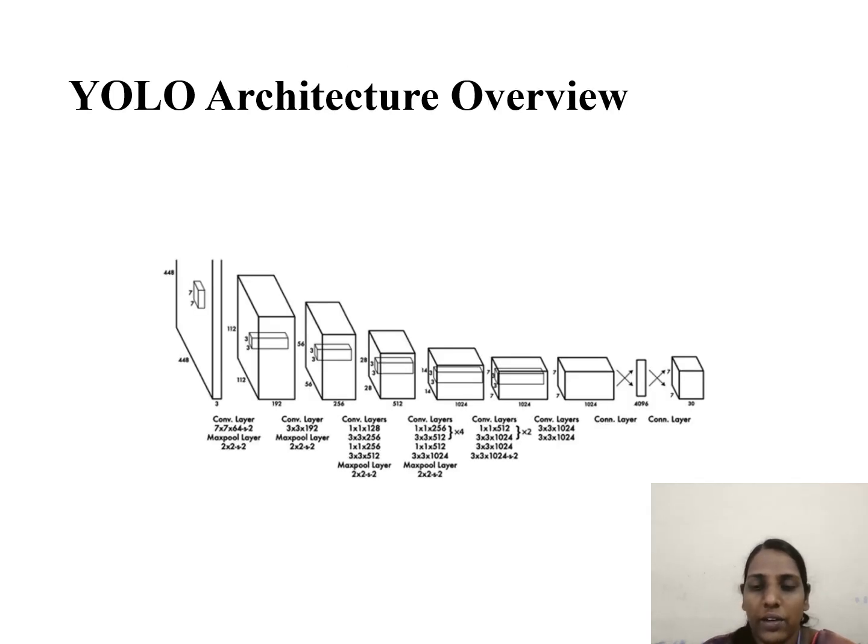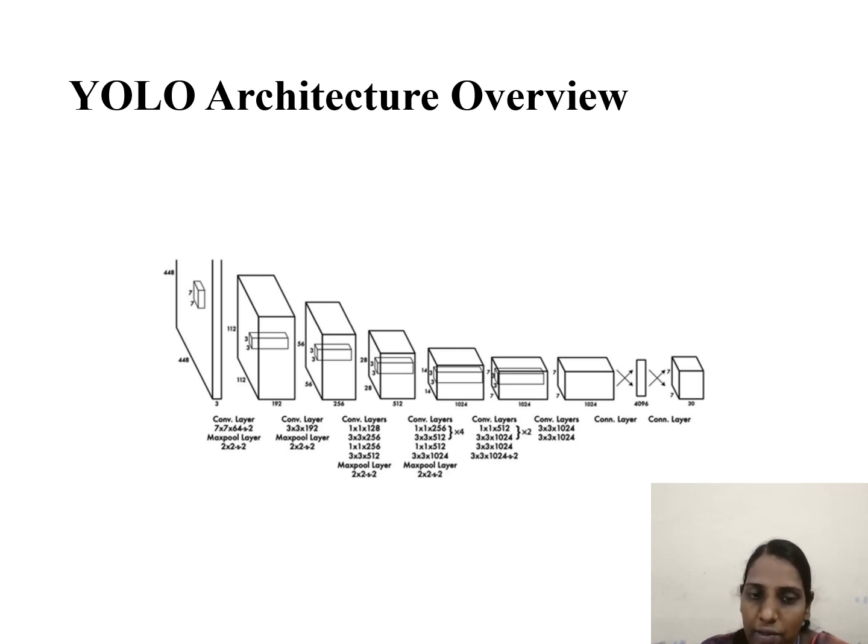YOLO architecture overview. This is the overview of the YOLO architecture. Similar to a CNN, here also we are using CNN layers: the pooling layer, the dense layer, and the output.